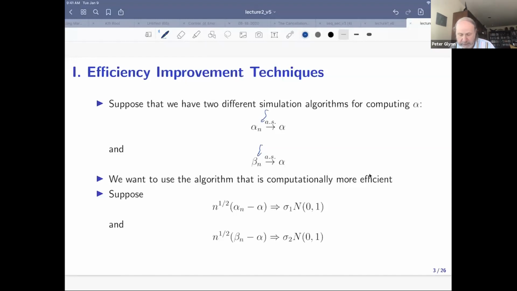And similarly for beta n. As we saw in the last lecture, these two limit theorems are asserting that alpha n and beta n converge to their respective limits at square root convergence rate, with proportionality constants measuring the instance-dependent convergence rate characterized by sigma 1 and sigma 2.